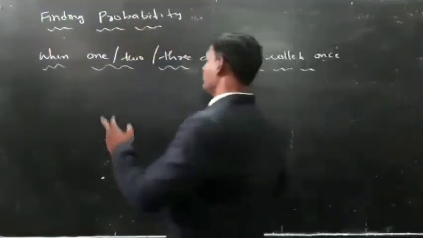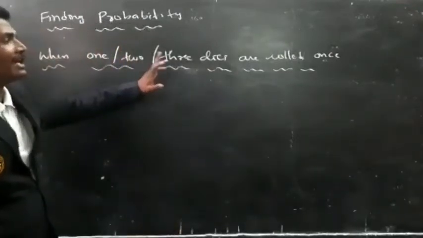Finding probability when one or two or three dice are rolled once.